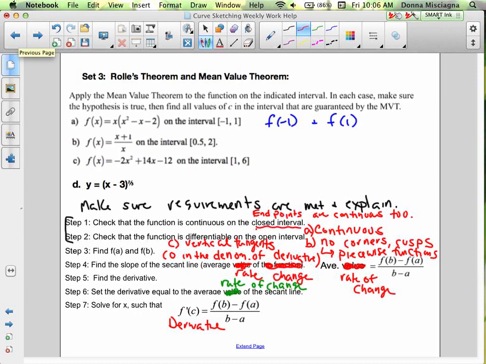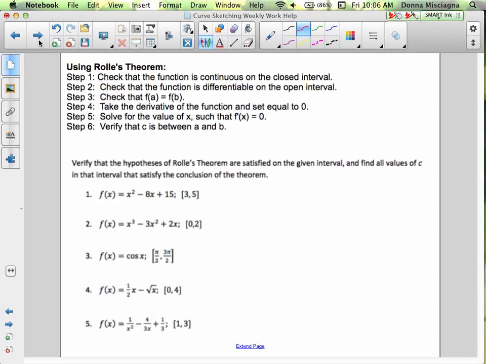All right, so same things for 1 and 2 there. But then that's where we are a little bit different. After you find that the function is continuous and differentiable, you check that f(a) equals f(b). Right? So Rolle's theorem is stating that if you've got a function that's differentiable, it's continuous, and the endpoints have the exact same value, then somewhere on that interval there's a place where the derivative equals 0.